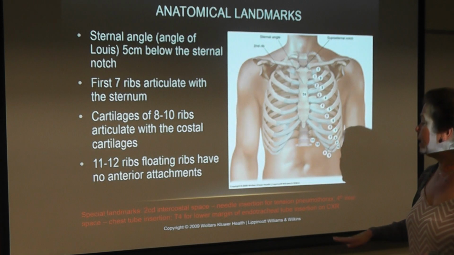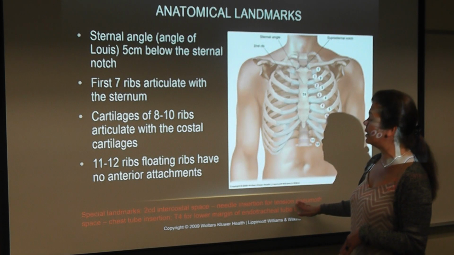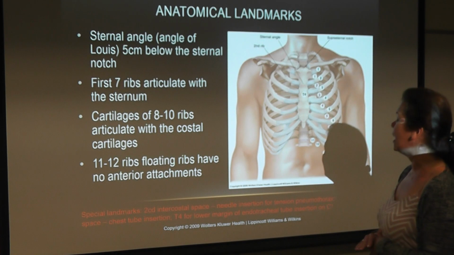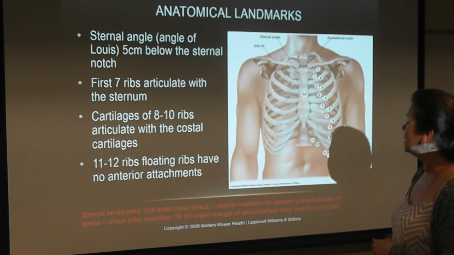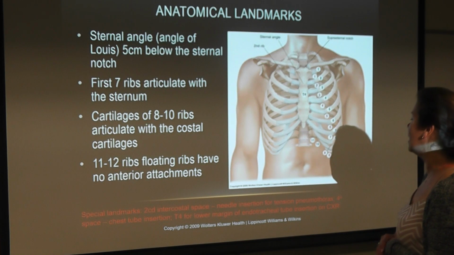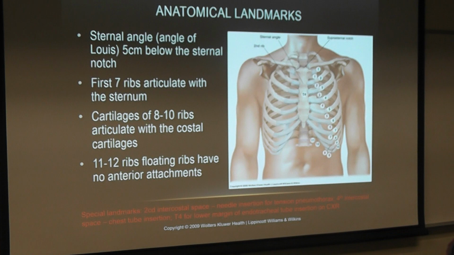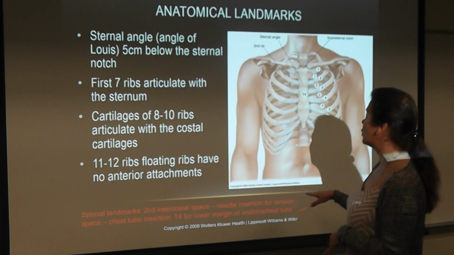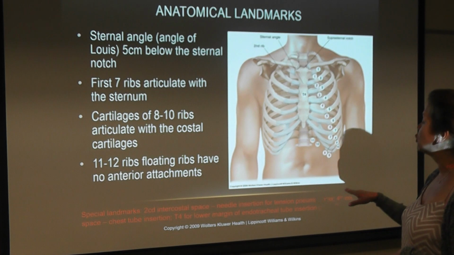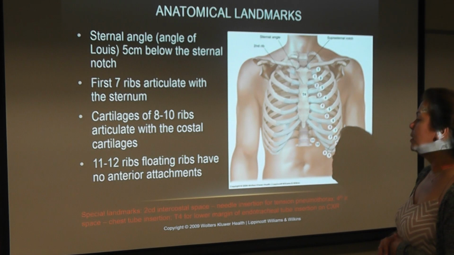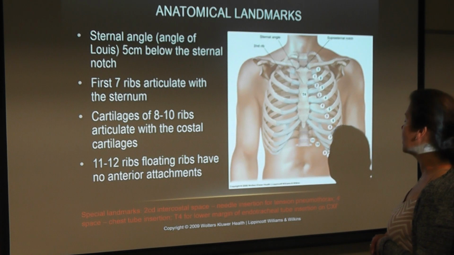Okay, so please don't forget to remember that the second intercostal space is where the angle of Lewis is located. When you go to specialty classes such as acute care, that's exactly the same level in the second intercostal space where you're going to insert a large bore needle to release pressure when the patients have a tension pneumothorax.